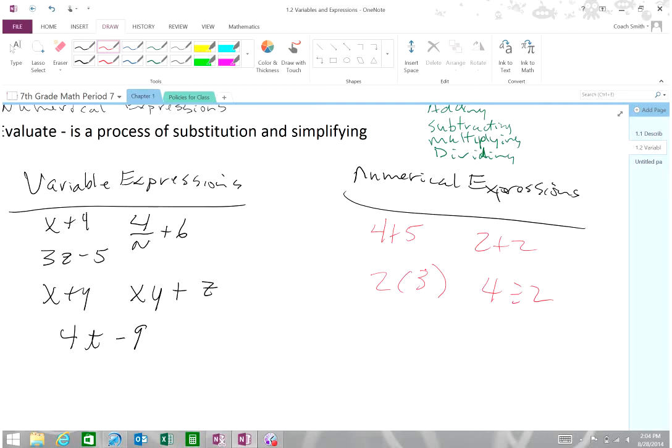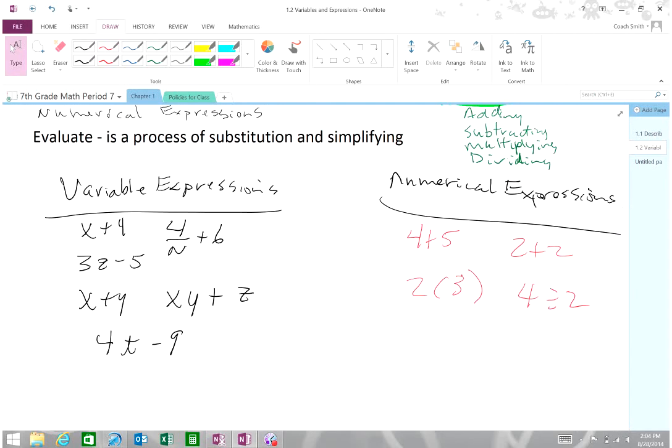Once they tell me that x is equal to 5, oh, okay, then I've got 5 plus 4. So variable expressions are unknown until they give us the value of the variable. That brings us to our next word up there on the screen. The next definition I gave you was evaluate.